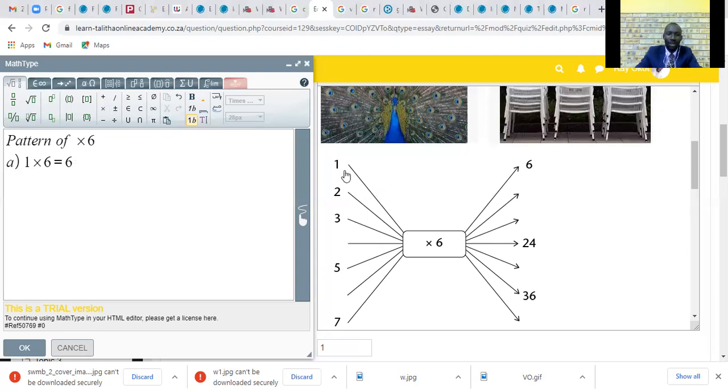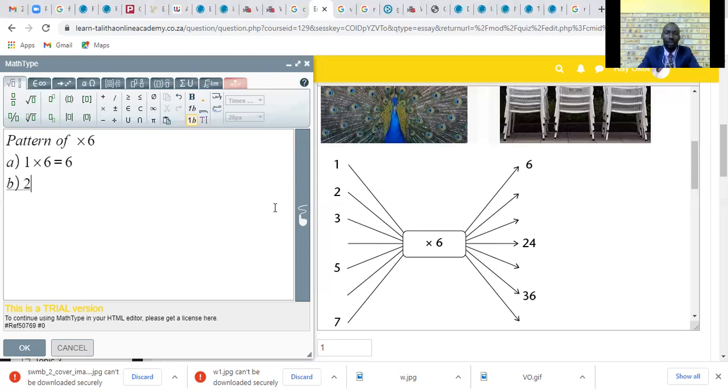So here you got the 1 through this rule, which requires us to multiply each value by 6. Then we get that.